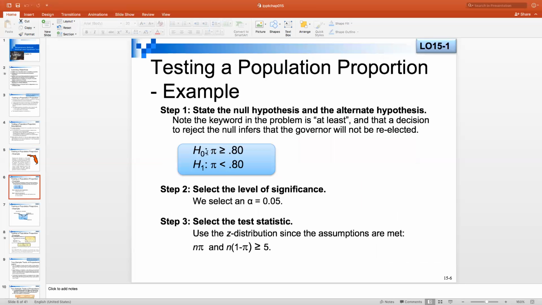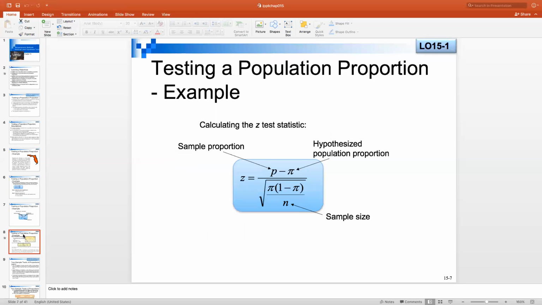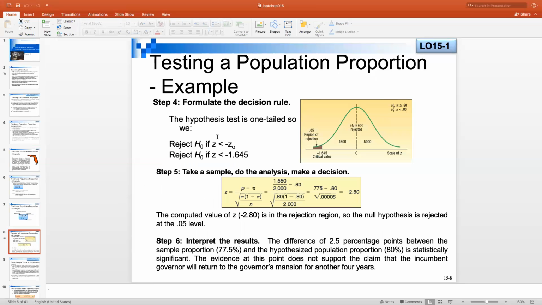This happens to be also a greater than and less than question. So the best answer is when there is a greater than or less than question, then we're talking about a one-tailed test. When we have only equality, meaning it's equal to or it's not equal to, then we're talking about two tails. So we know we're dealing with a one-tailed test.